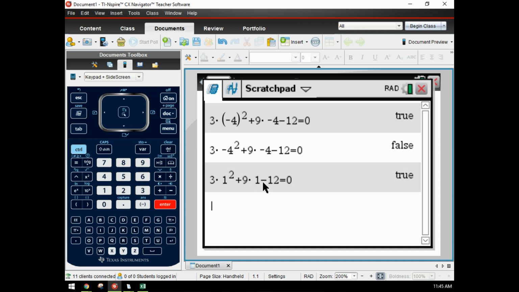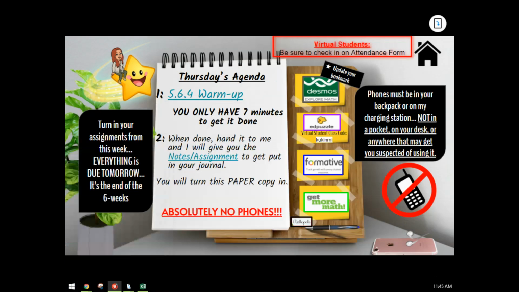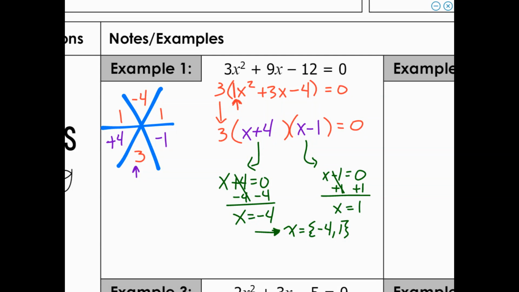So yes, both of my solutions work. These two true answers are the ones that I want to see, right? And so that's how to check it on the calculator to make sure that you get your right answers.